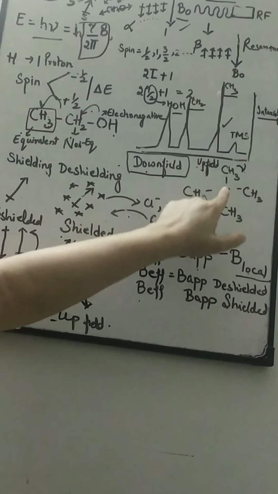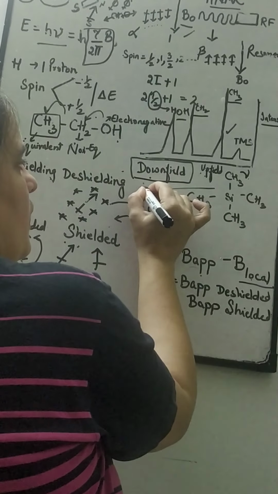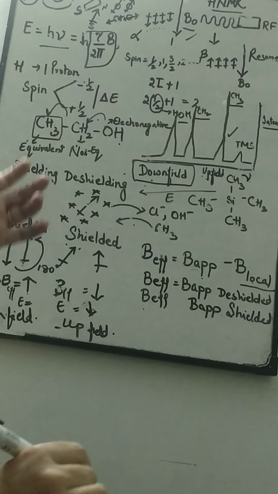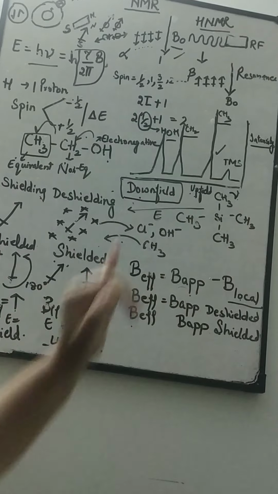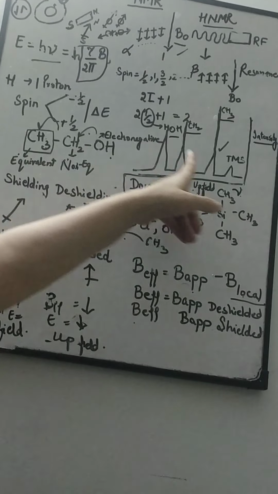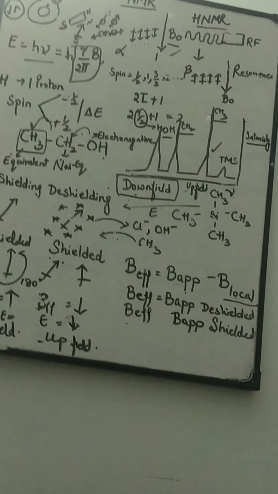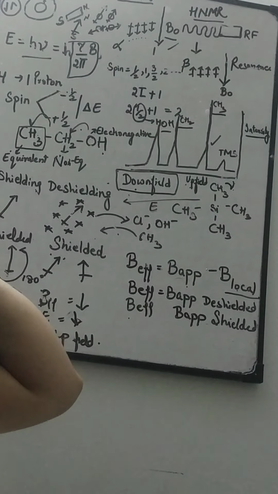Upfield means at lower energy. So on this side the energy is increasing because frequency is increasing, and you can also see the difference in the height of these peaks. The more equivalent protons, the greater the height. So here the ratio will be approximately 3:2:1.